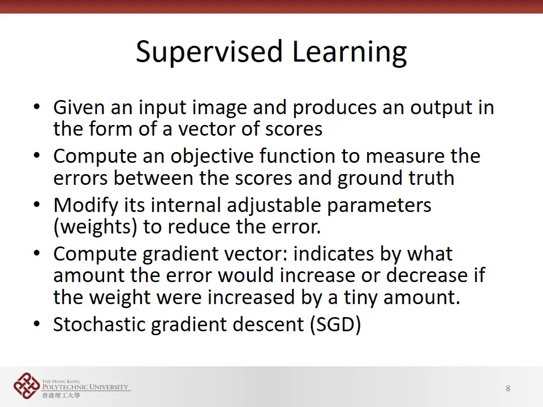Then we compute the gradient vector, which indicates by what amount the error would increase or decrease if the weight were increased by a tiny amount. Such a procedure is called stochastic gradient descent. Based on the SGD algorithm, we continually train the model to make it more and more correct.